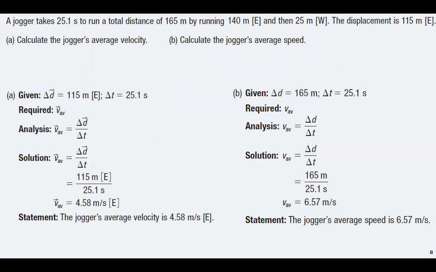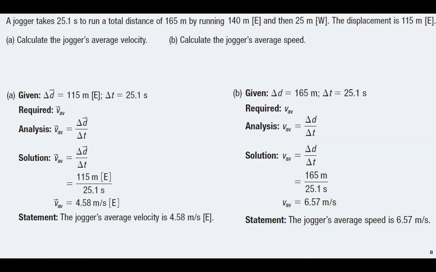Let's have a look at the solution together. So in question A, we have delta d equals 115 meters east, right? And we know delta t equals 25.1 seconds. So we want to find the average velocity. According to the formula, average velocity equals displacement delta d over delta t, right? Delta d is a vector, so we can put these values in.